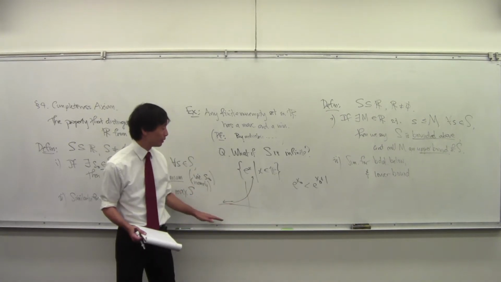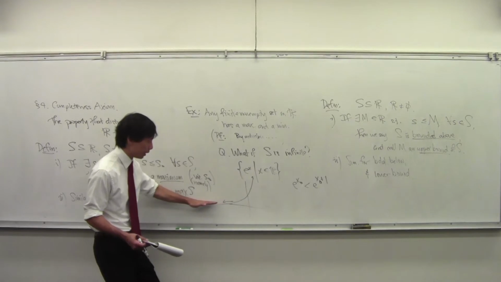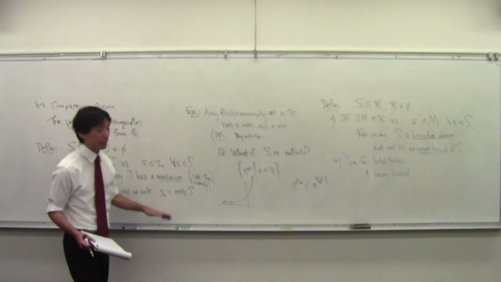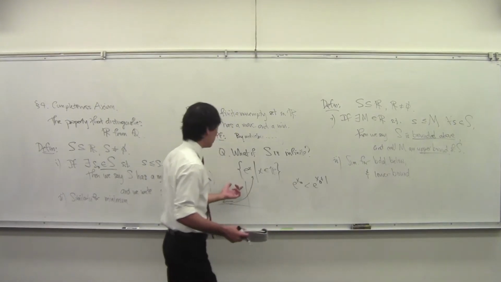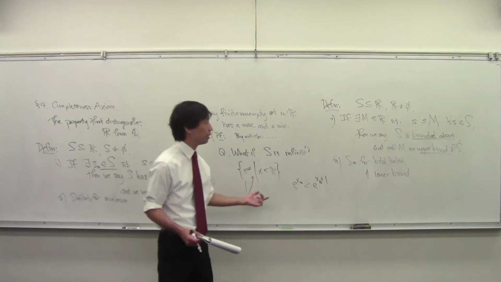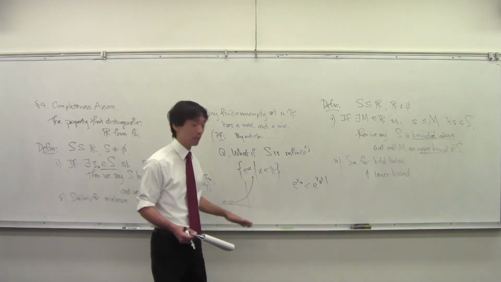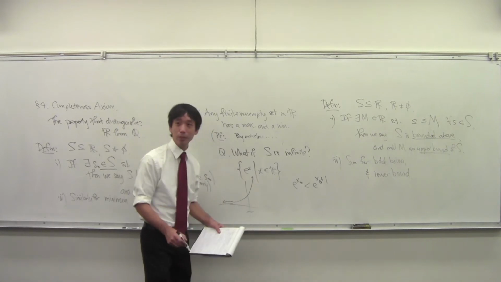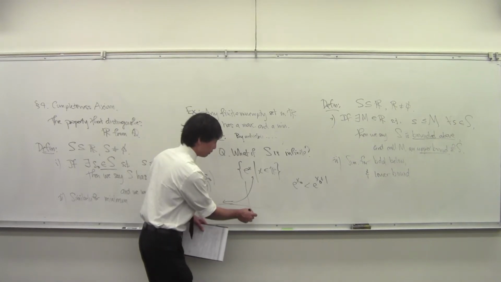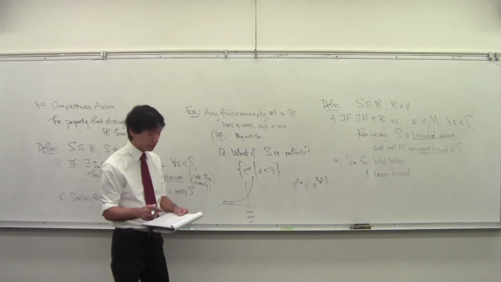Because as x goes to negative infinity, e to the x shrinks down, gets arbitrarily close to 0. So this set doesn't have a max or a min, and it has no upper bounds, but it has lower bounds. So 0 is a lower bound. Negative 1 is also a lower bound. You can take anything smaller than 0. All those are going to be lower bounds.